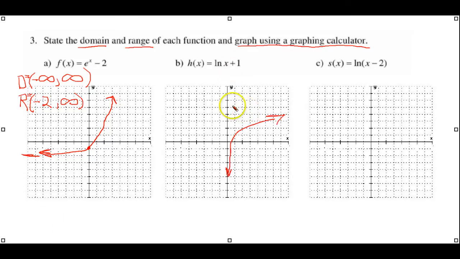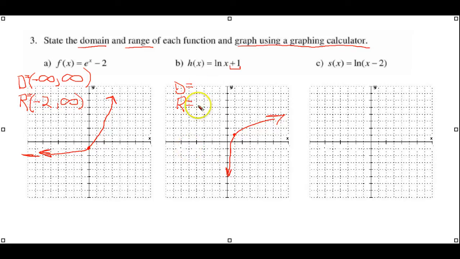Where normally this would go through the 1 here, it shifts it up 1, so it goes through the 1 there. That would be this positive 1. So what would the domain of this and the range of this be?